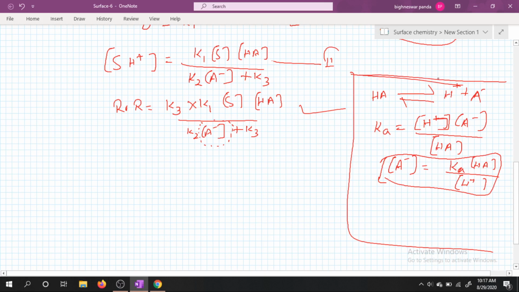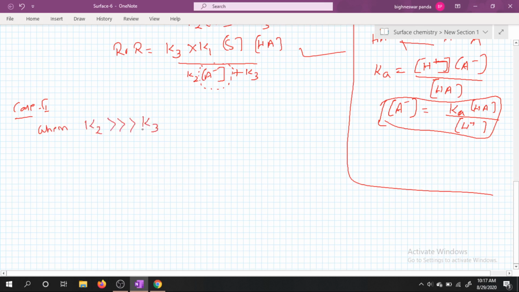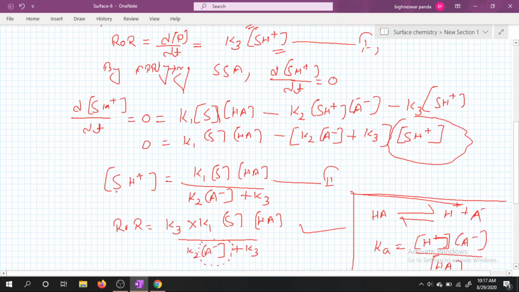So there are two cases that arise. Case 1, when K2 is very much greater than K3. That means what is our reaction?